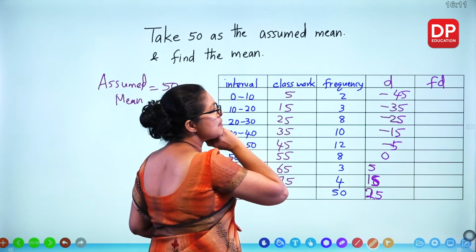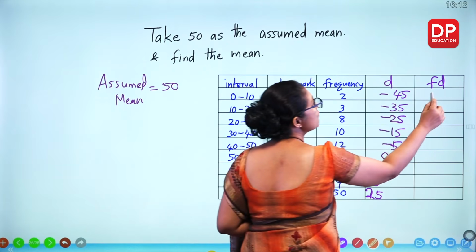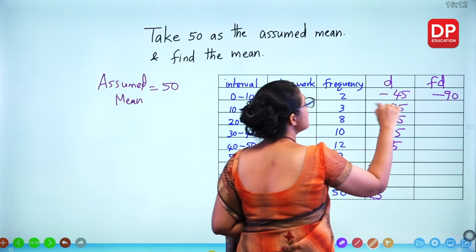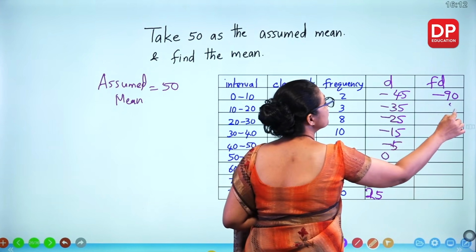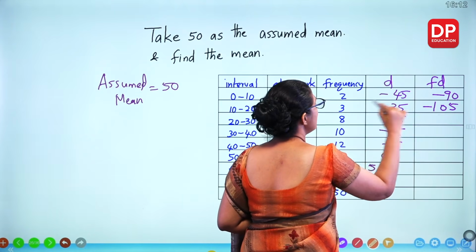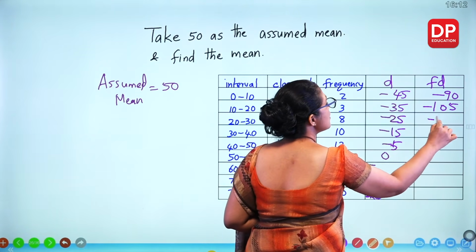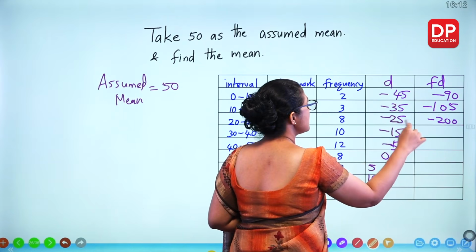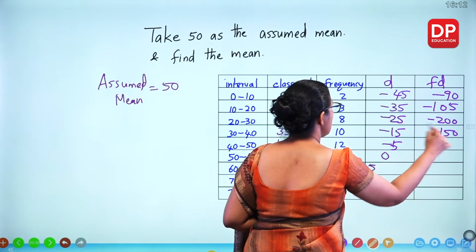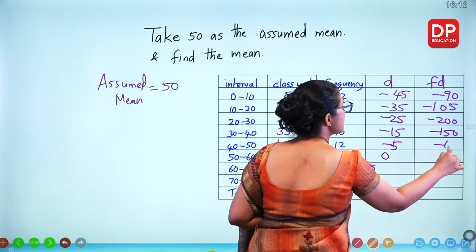fd, multiply and see. 2 times minus 45, minus 90. 3 times minus 35, minus 105. 8 times minus 25, minus 200. 10 times minus 15, minus 150. 12 times minus 5, minus 60.